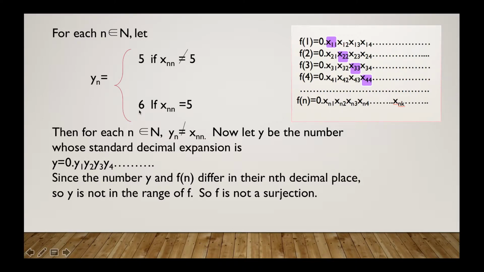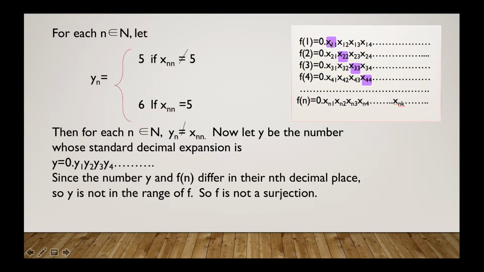So for each n an element of natural numbers, y_n is not equal to x_nn. Because of this, y is not in the range of f, so f is not a surjection.